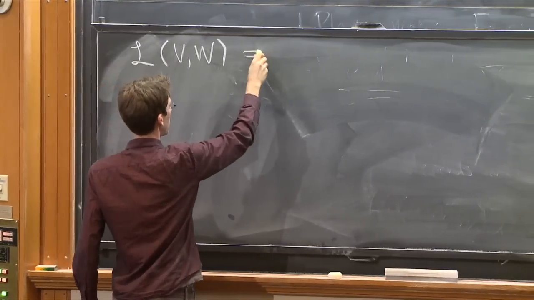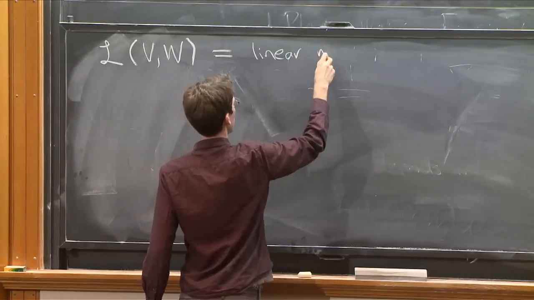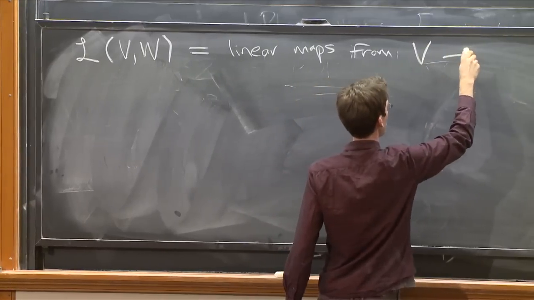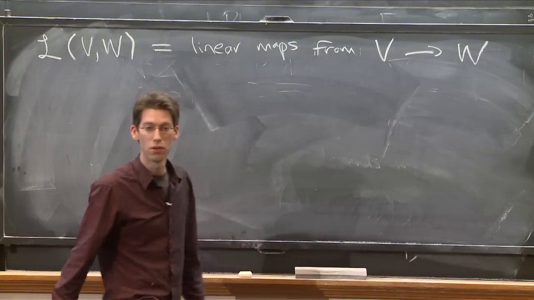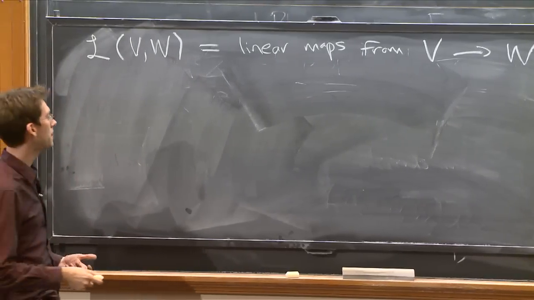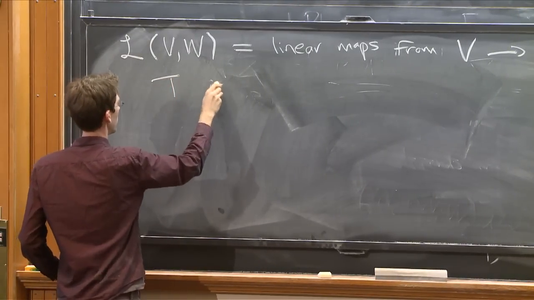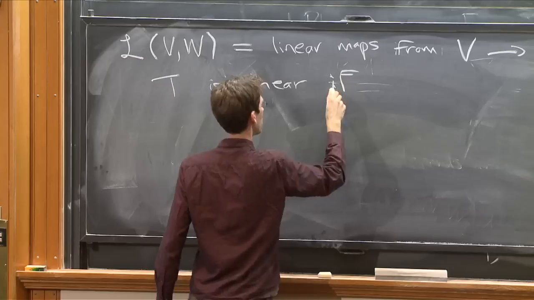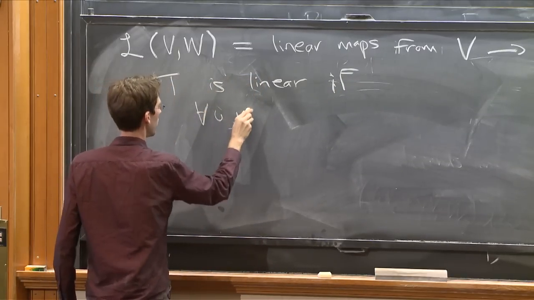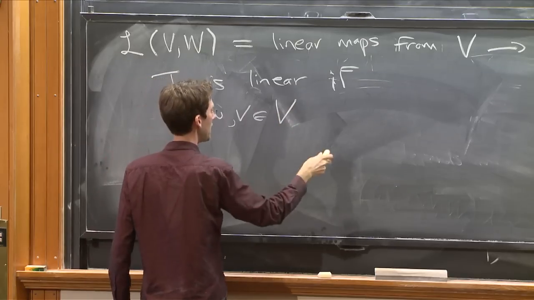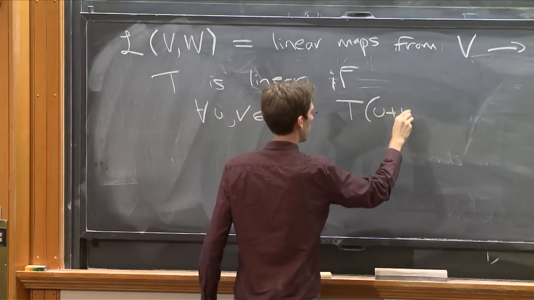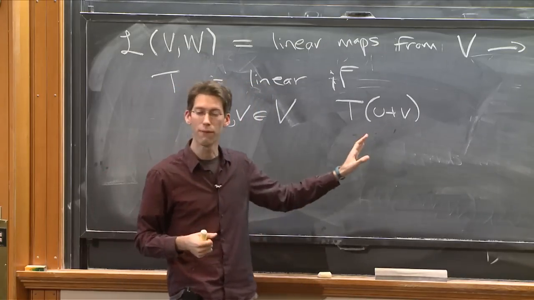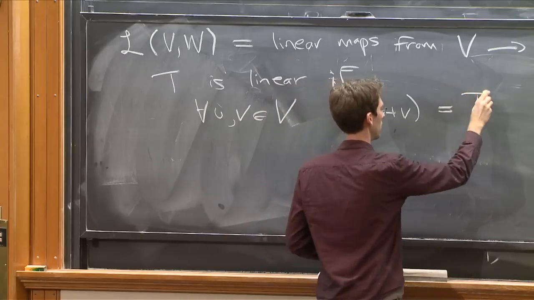So this is the set of linear maps from a vector space V to a vector space W. And just to remind you what it means for a map to be linear, T is linear if for all pairs of vectors u and v in V, T acts on their sum as T of u plus T of v.